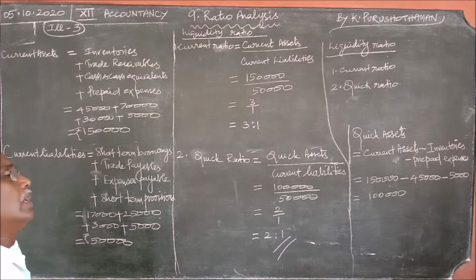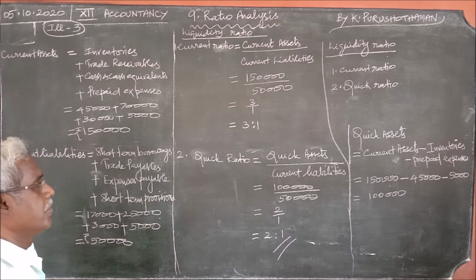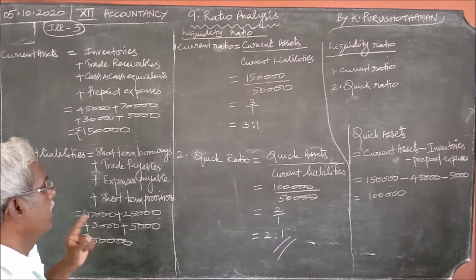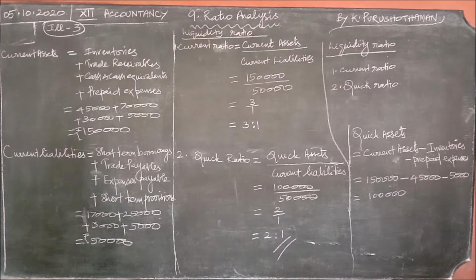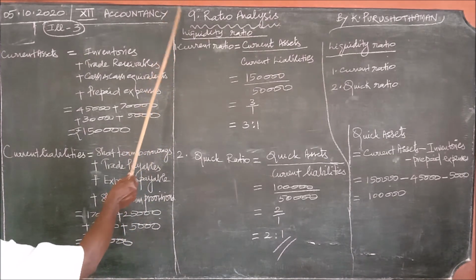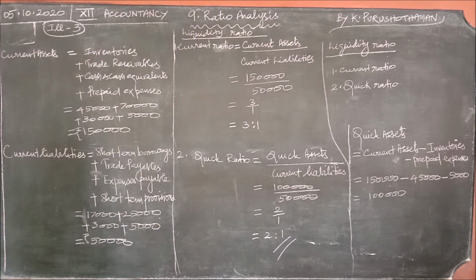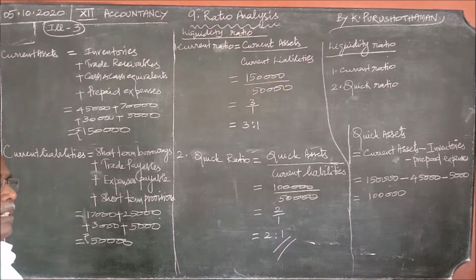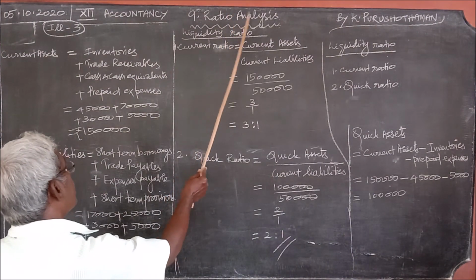There were 5 analyses given, out of which for 3, comparative statement analysis, common size statement analysis and trend analysis, these 3 problems were given. In the next chapter, number 9, ratio analysis, is another method of comparing income and other items. There are different items involved in the business, and to compare those items, another method is called the ratio analysis.